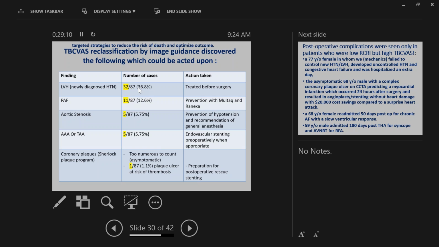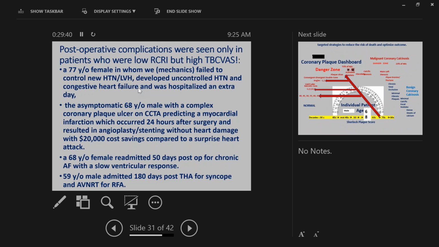And then coronary plaques is another story, and the number of plaques are obviously too numerous to count because we have lots of speckled areas of calcification around the vessel that's calcified plaque, and then fibrosed plaque, and then we're looking for certain plaque identities, which we showed you 3 of them, and the one that's the most important is a plaque ulcer that basically we theorize with activated platelets will cause acute coronary thrombosis.